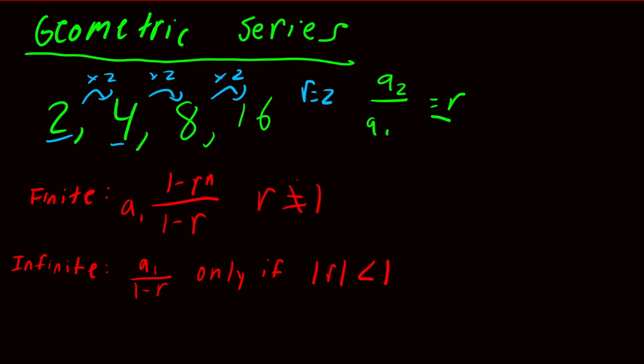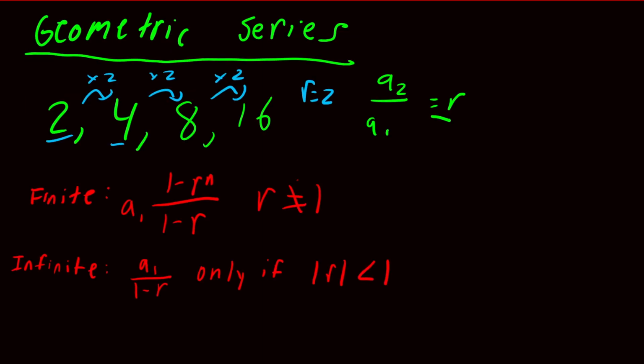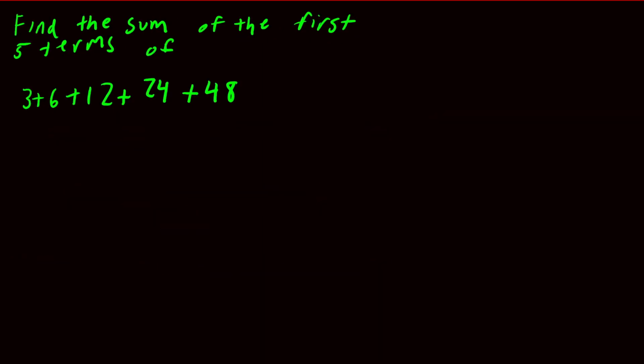For the infinite formula, it only works if the absolute value of r is less than 1. It would be a1, the first term, over 1 minus r, the common ratio. You have to determine whether it's finite or infinite, and these are the conditions on when you use each one. If you're a little bit confused, we'll go through each one in depth as we go through the video.